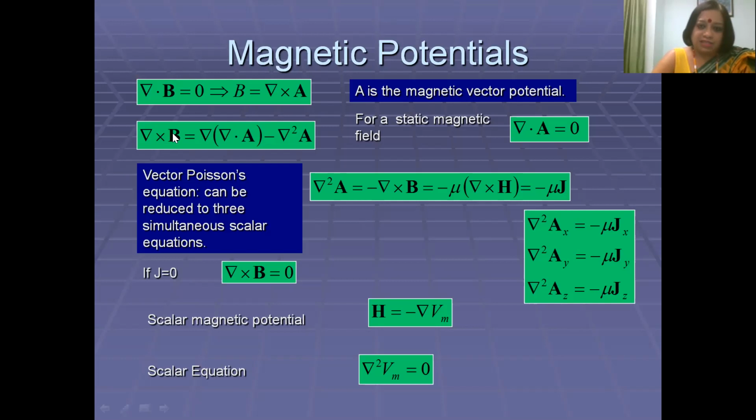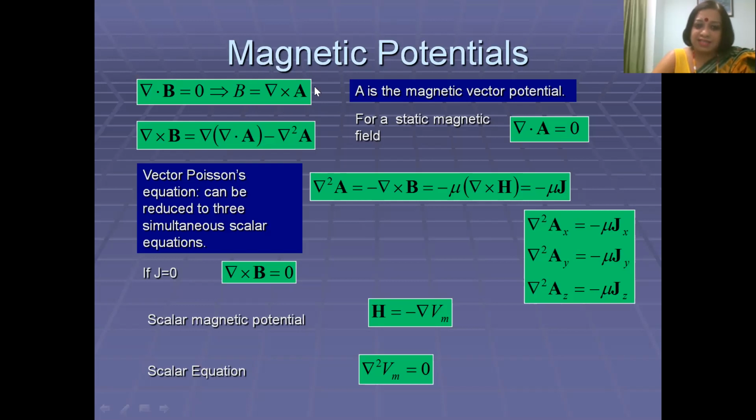Now, if you consider B to be a three-dimensional field, Bx, By, Bz, if you take the curl, you will be able to express this as del of divergence A minus del square A. But for a static magnetic field, divergence of A is equal to 0.